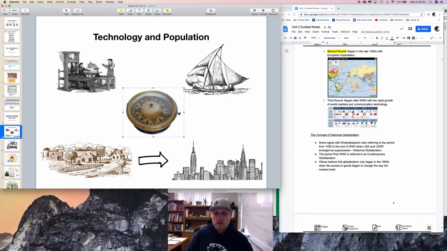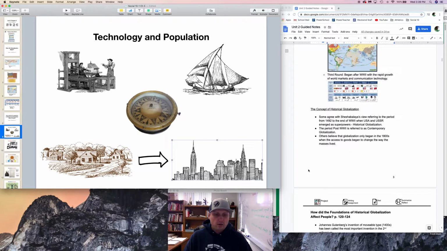And then with the compass here in the middle, they were able to leave the shores, basically. We talked about how at one time you always had to return to the shore, and now they can navigate with maps. As soon as these things started happening, the economy started to really boost, and people started moving from villages here into cities. Obviously they didn't look like that right off the bat, but it's important to understand that.